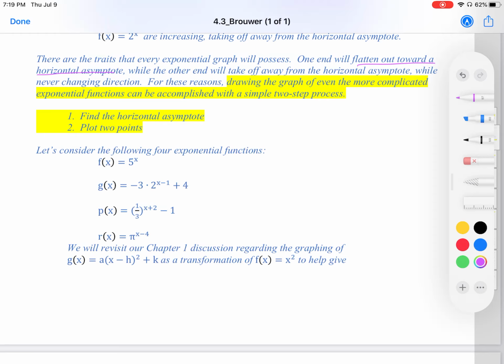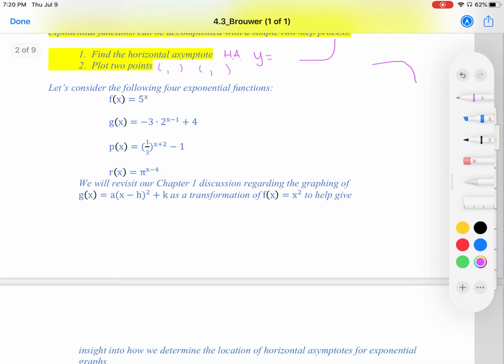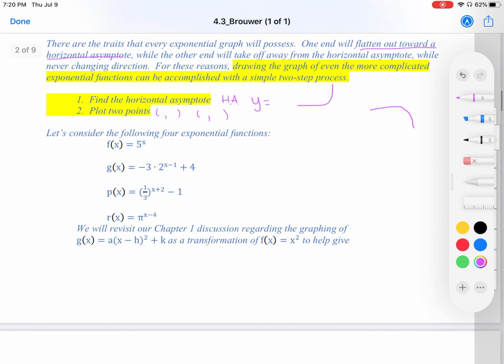First, find your horizontal asymptote, y equals a number, and second, plot 2 points. That's all you need. We need 2 points, and that will give us an idea what's going to happen, because we know that one side is going to flatten out and the other one is going to take off. So this would be our two options. That L-shaped figure, or actually, it can also go this way or that way.